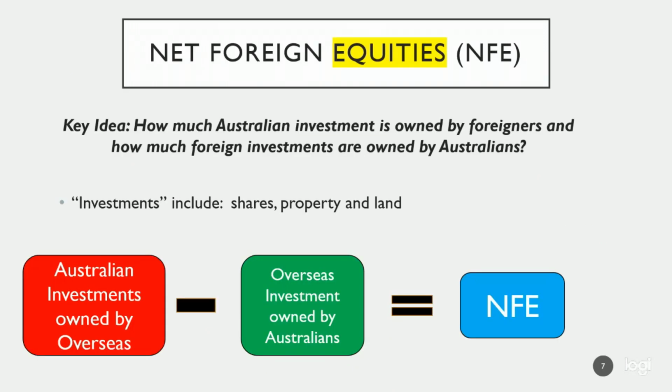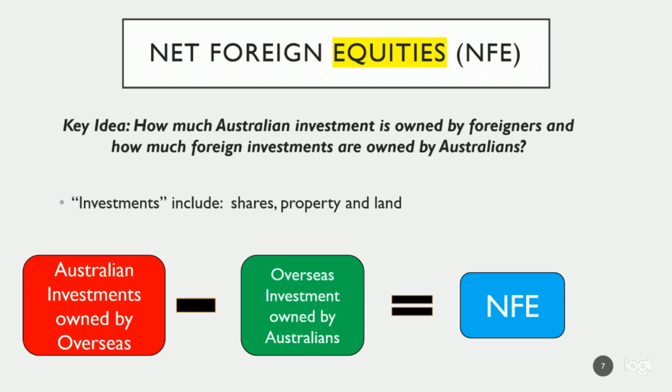Now moving on to net foreign equities, we're primarily focused on investments, and these investments can be things like shares, it could be the sale of capital equipment, and in some cases it can also be the sale of land. And so what we're trying to look at is the difference between how much other countries invest in Australia versus how much Australians invest in other countries.